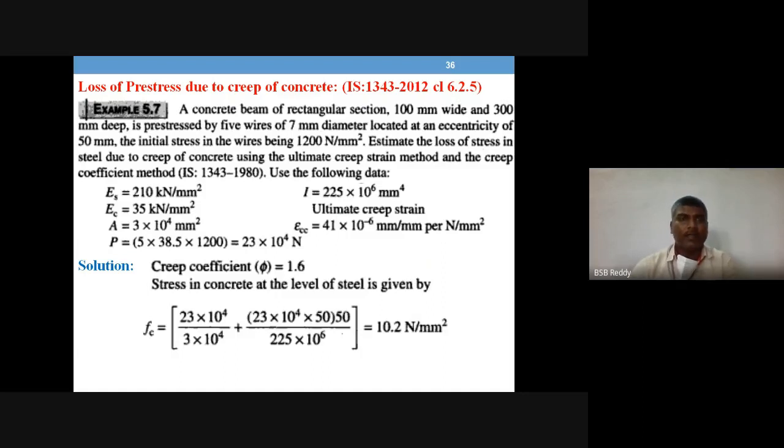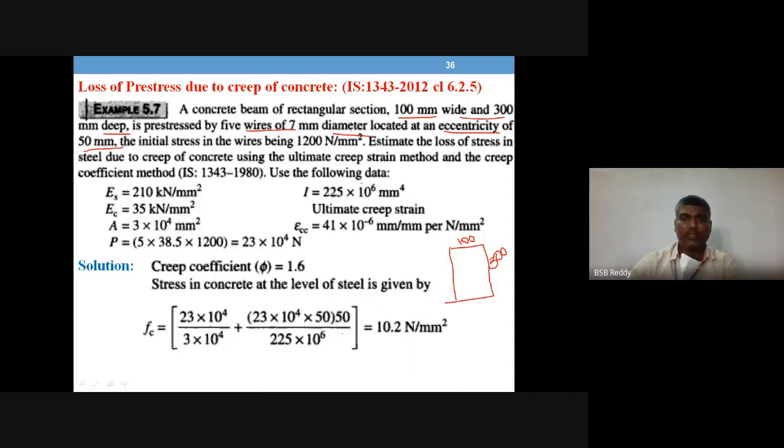Now let us see an example. A concrete beam of rectangular section 100 mm wide, 300 mm deep is pre-stressed by 5 wires of 7 mm diameter located at an eccentricity of 50 mm. Here the b value is 100 and the d value is 300, and this will be the eccentricity of 50 mm.